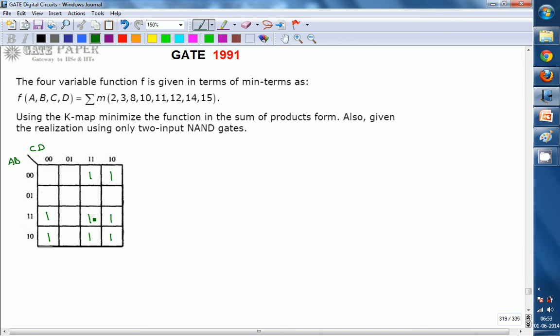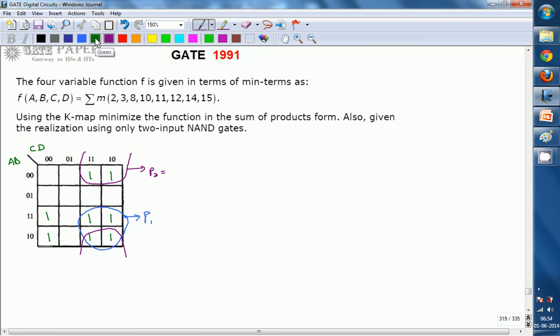Now we are going to minimize by combining the maximum possible cells with ones. The first possibility is that 4 cells can be combined so that you get a product P1. The second one is that these two cells can be combined with these two cells, and you get product term P2.